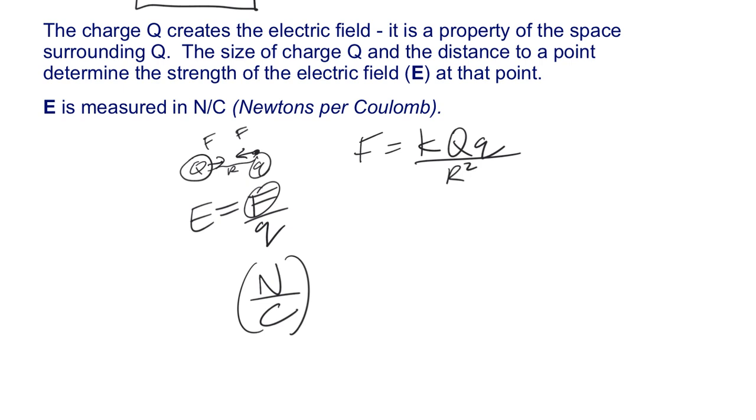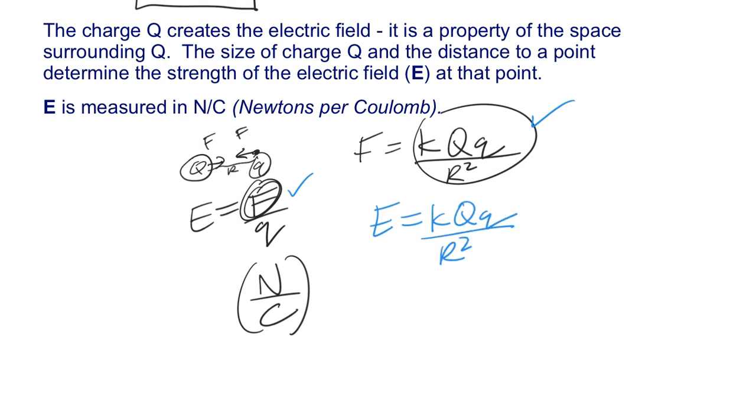Okay, we can substitute this in for this F. So we can come up with a different equation for E. E equals F, which I'll substitute with Coulomb's law for F, divided by little q. And you can see that the little q cancels out, the test charge. And so we're left with a new equation for E.